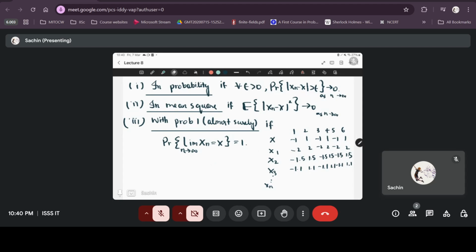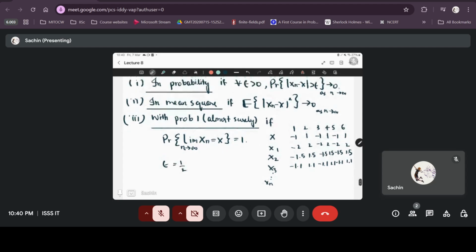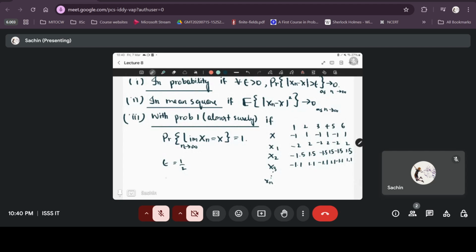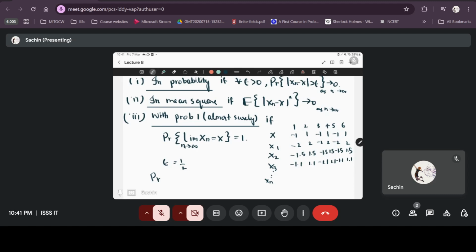Anyway, suppose someone gives you epsilon is equal to half, and they say delta is 0.1.